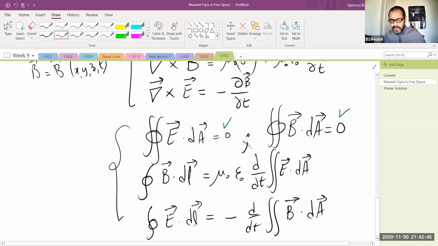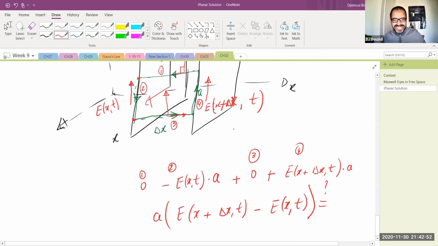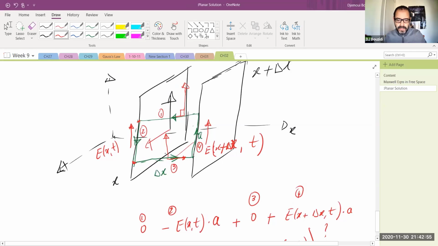The time derivative of the flux of the magnetic field over an area enclosed by this path. So here is the area enclosed by that path.